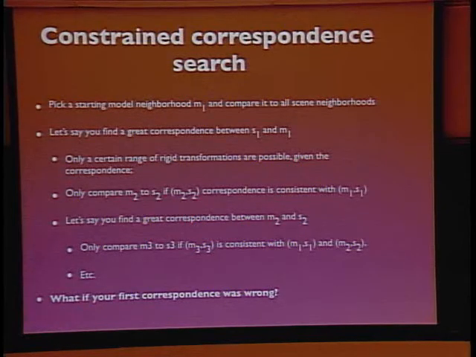So then you only compare the next model signature to any scene signature if that correspondence is consistent with the first one. Going forward with that analogy, if I have my two objects here and I've just decided that the thumb corresponds with the thumb, and my next point is the tip of my index finger, I am really only going to consider points on the right hand that are within the sphere of travel of the tip of my left index finger.